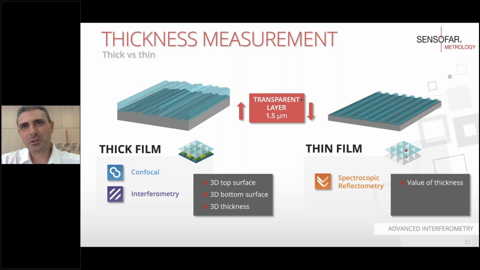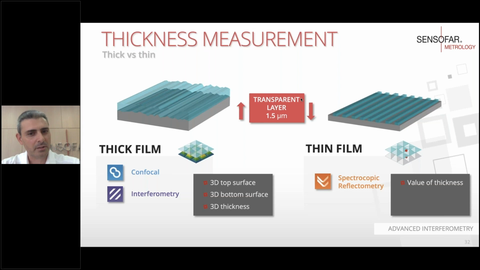So we need to agree on a separation of thin and thick films, and the way to do that is basically using the wavelength as a measuring scale. Typically we say that we can separate materials and signals if we have layers that are 3 times the wavelength.